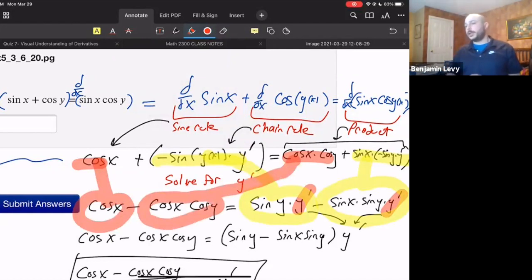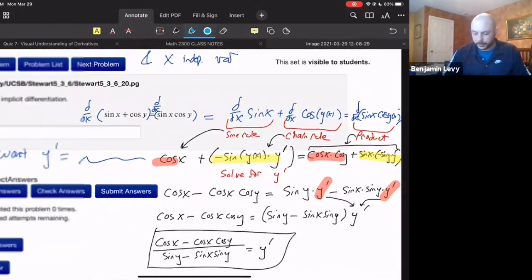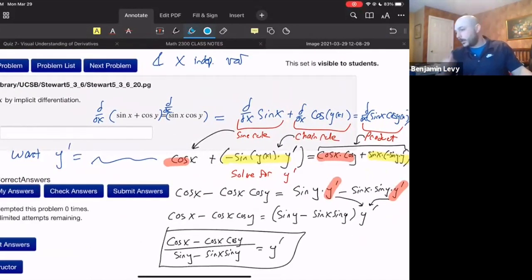And I did that because I'm trying to get the y primes on the same side and things that don't have a y prime on the other side. And so I know it's looking messy, but the point of that was then because you can factor out the y prime, right? So we had a y prime here and a y prime here, and then we factored it out so that we could get it by itself. We want to get it by itself, so we tried to group them. All right, I'm glad that makes more sense.